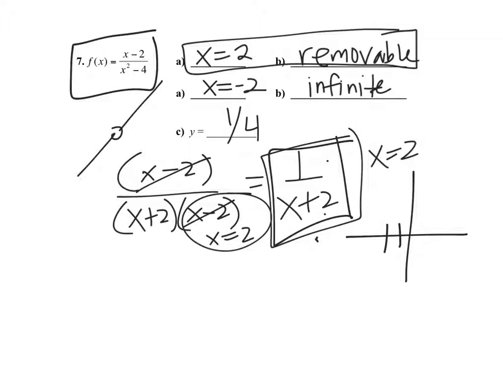X squared minus 4, graph. Oopsie. Hit zoom 6 first. Okay. You can see asymptotes right away, right? It goes like that. So at x equals negative 2, there's an asymptote there. And then if you hit trace and plug in positive 2, there's a hole in the graph.